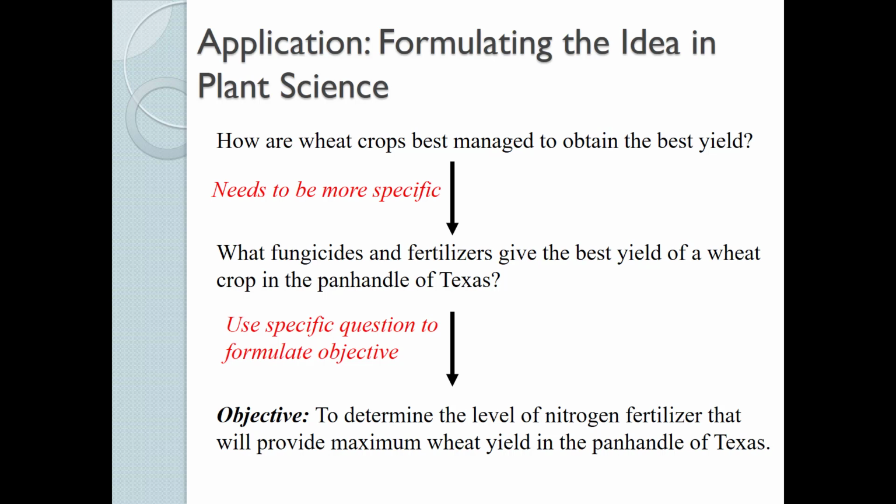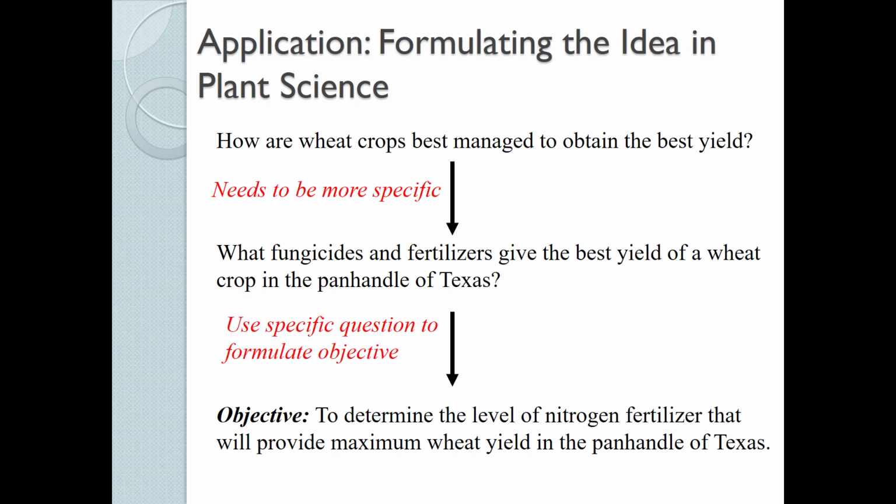Moving from the first question to the second, we've added important specific information that will drive the creation of our objective. We can then take that more specific question and develop an objective to make it actionable, changing the verbiage to make it a sentence instead of a question.